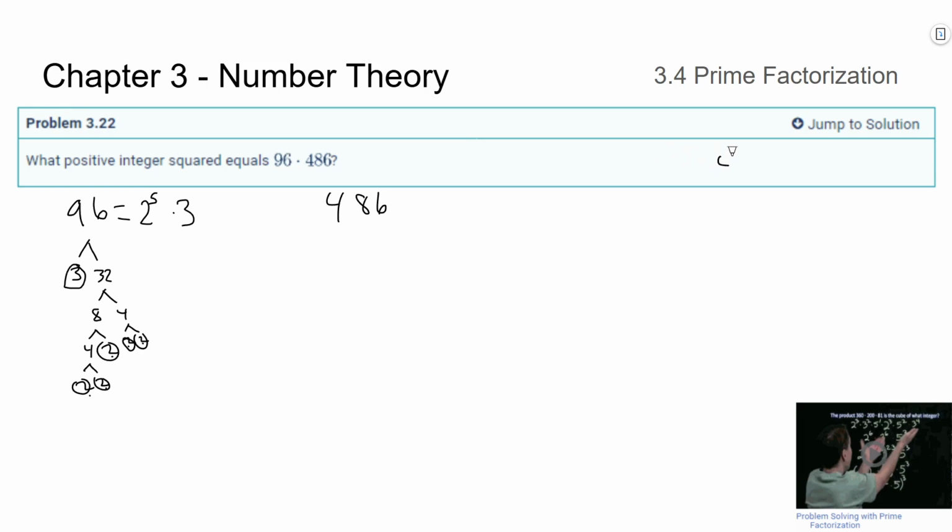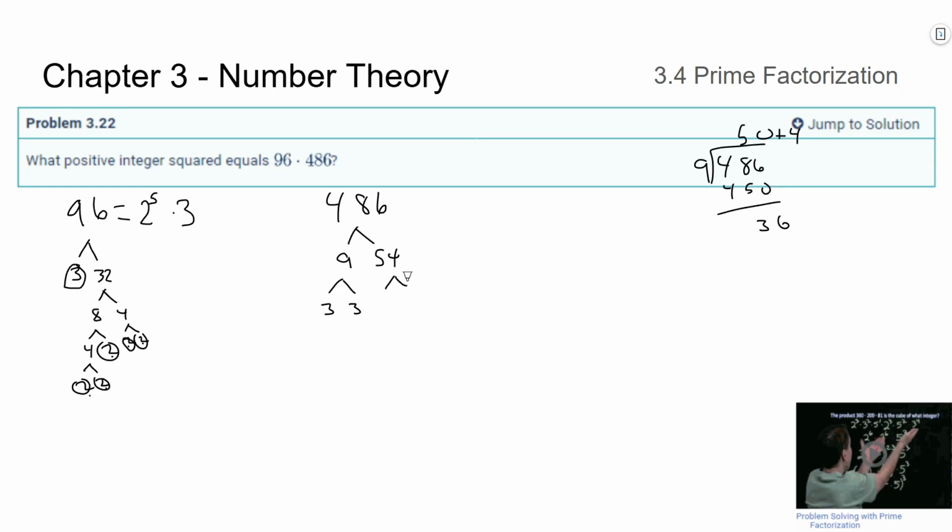Let's just give it a shot. 9 times 50 would be 450, leaving us with 36 plus another 4. So we've got 9 and 54. 9 we know is 3 times 3.